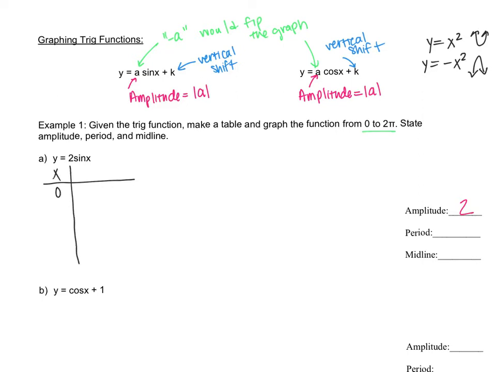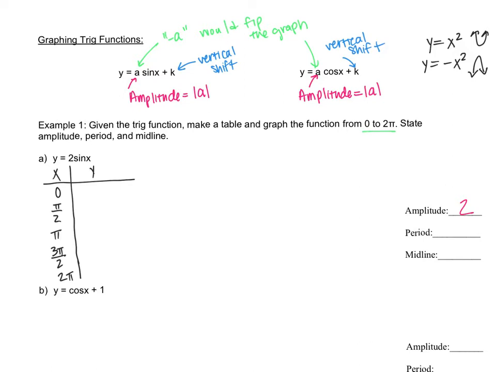So I like to plot 0, and then pi over 2, pi, 3 pi over 2, and 2 pi, just because it gives me enough data points to work with to have enough coordinate points to graph. So I usually choose about 5 points at least to graph my x and y values.